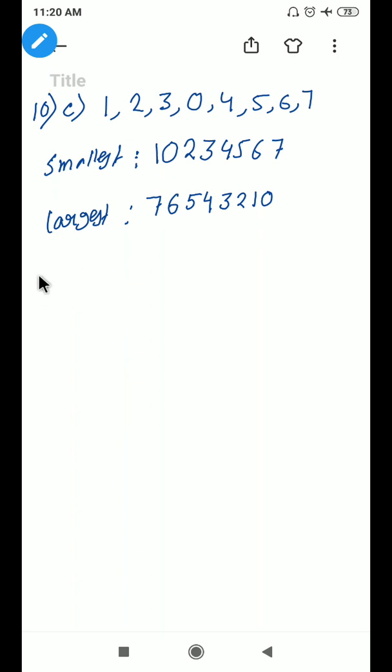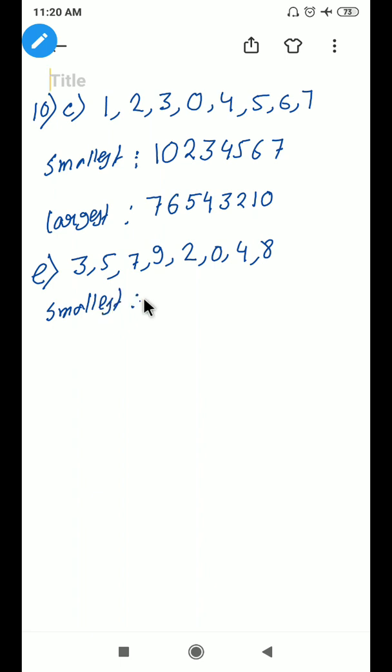Now let's see another example, question number E. In question number E, the digits given here are 3, 5, 7, 9, 2, 0, 4 and 8. Firstly make the smallest number. Now follow the similar procedure. Whenever you make the smallest number, you have to arrange the digits smaller to bigger, but don't put 0 first.